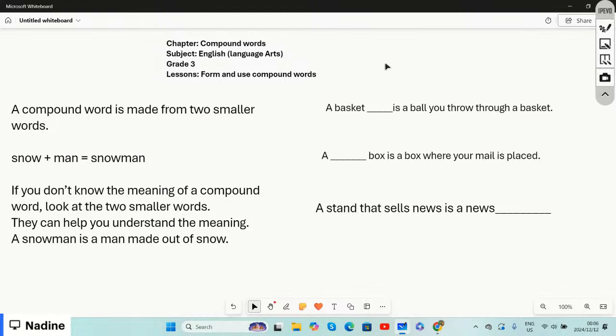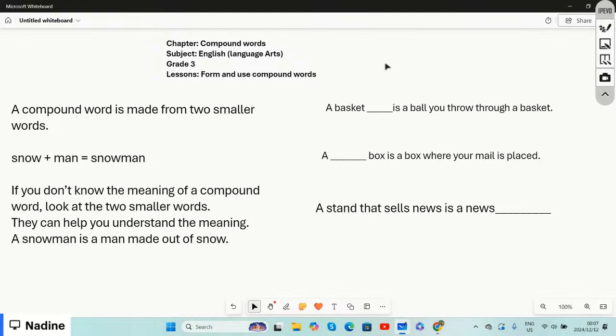So we're going to form and we're going to use compound words. Once again, this is a continuation of our previous lesson.